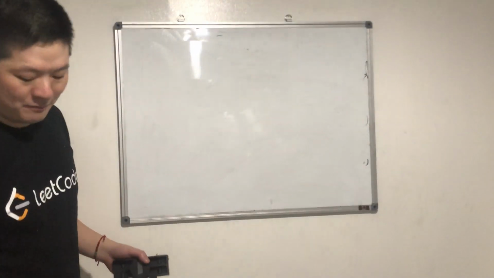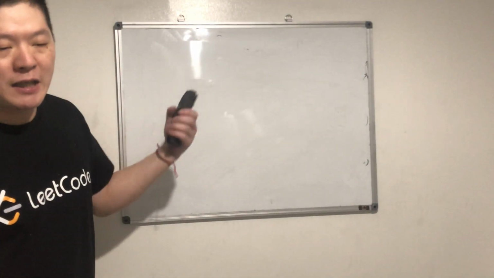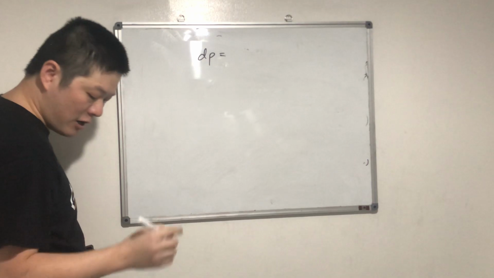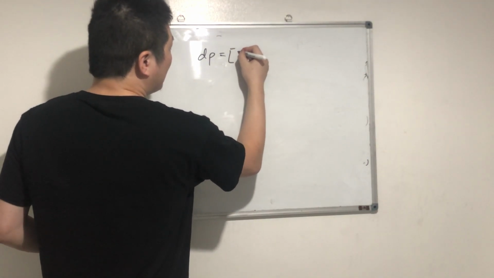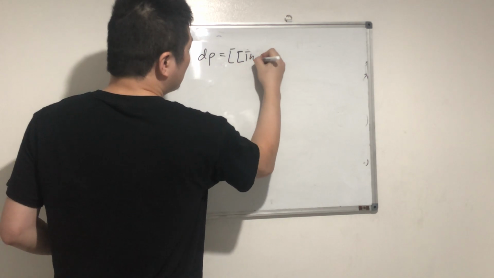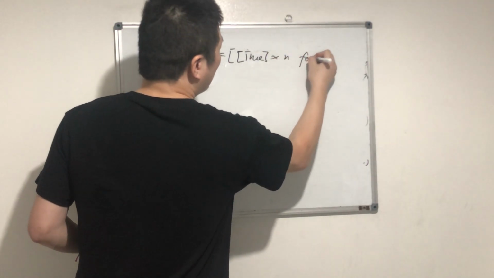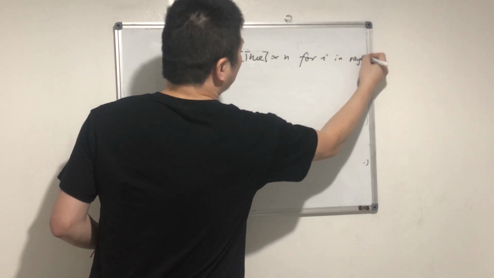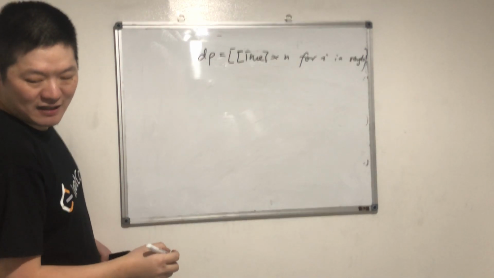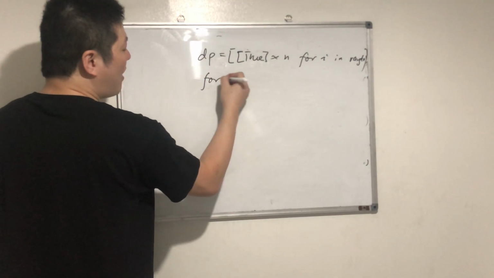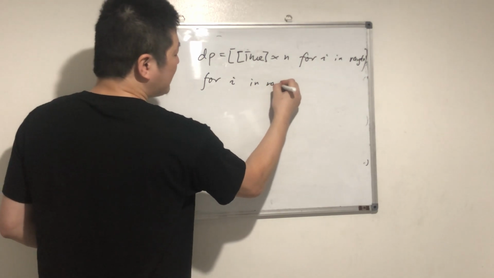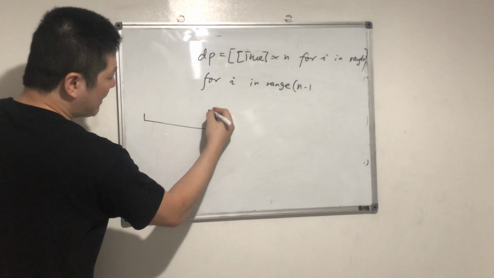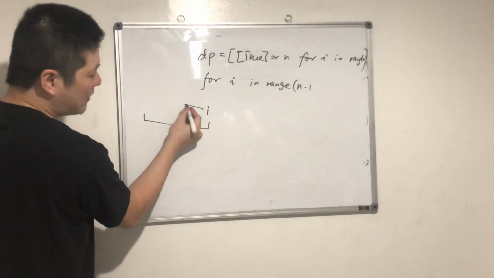Now bottom up. We need to create a DP array, a two-dimensional array: dp equals true times n for i in range n. Then for i in range, let's start from n-1, from the right-hand side to the left.